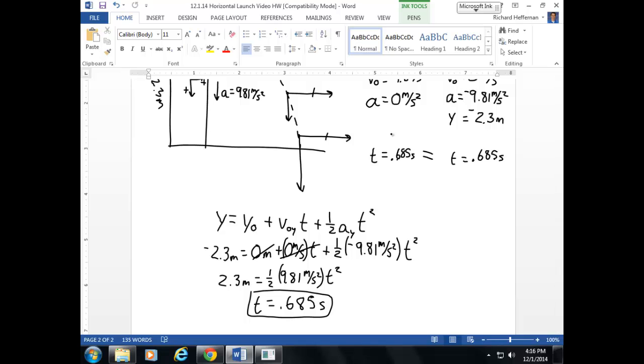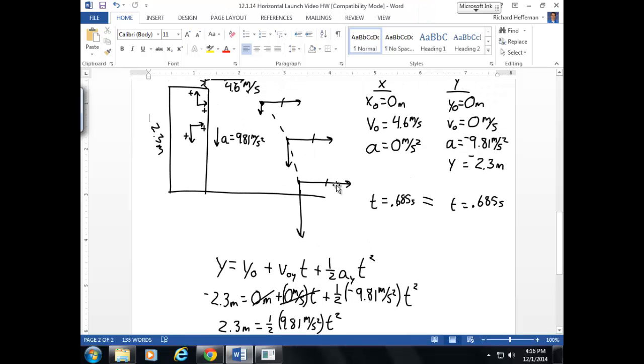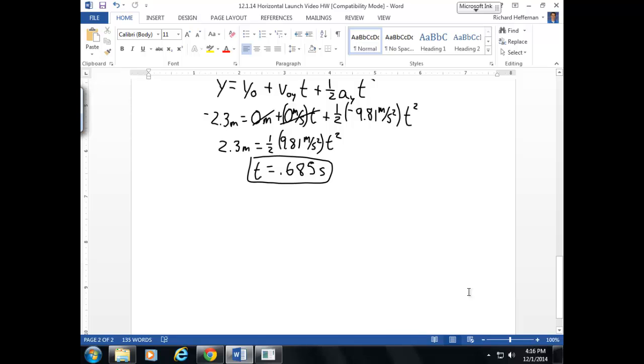Now, the question didn't ask for it, but let's say the question asked something along the lines of how far away in the x direction did this person land from the base of the diving board? Well, now you can use your x information because you have 4 pieces of information there. You can apply one of your equations. He's moving with constant speed, so you can say that constant speed equals distance over time.